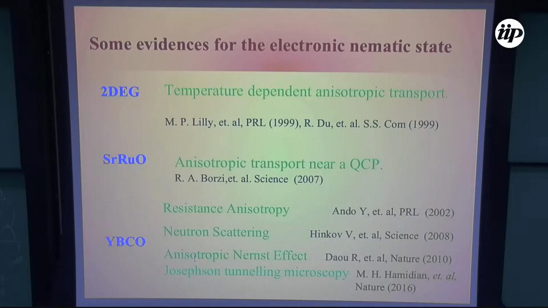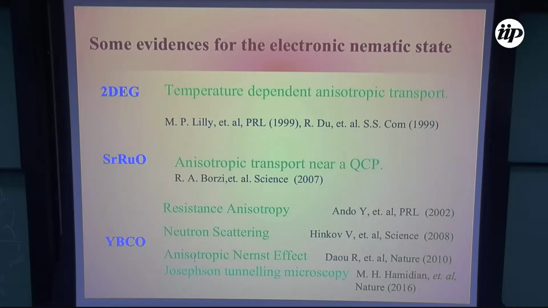Then you have compounds like strontium ruthenate, essentially heavy fermion systems, that have a metamagnetic phase transition. Doing transport near this metamagnetic quantum critical point, you see a deformation of the Fermi surface that breaks rotation invariance, keeping translation invariance.